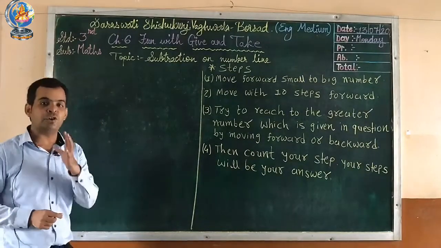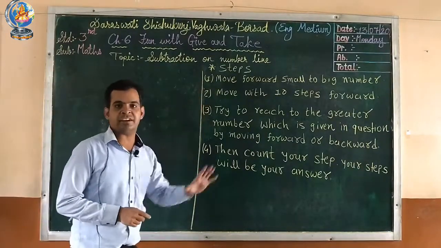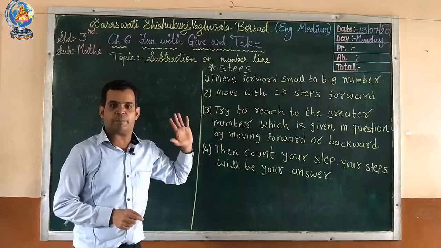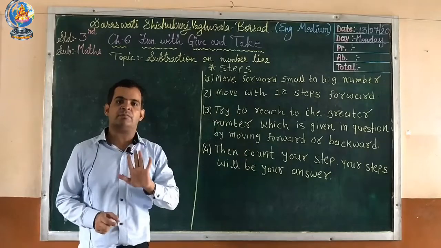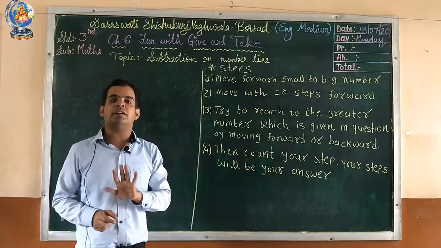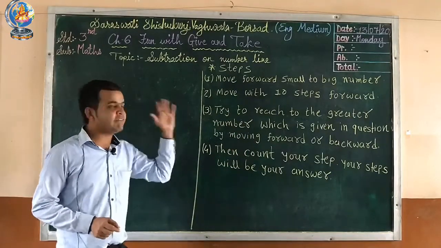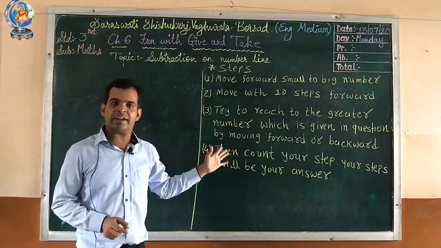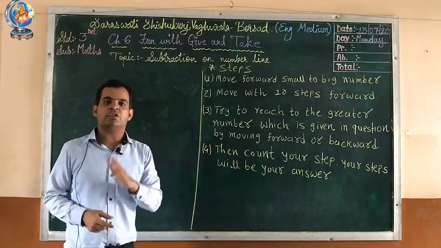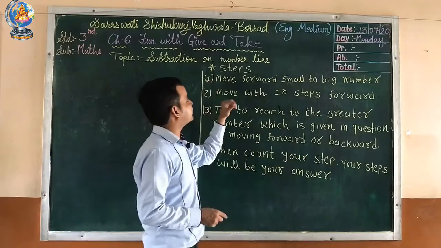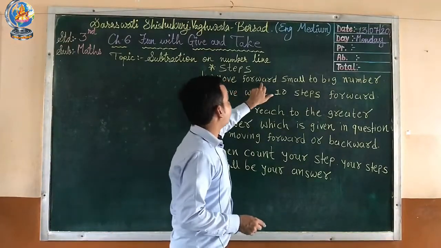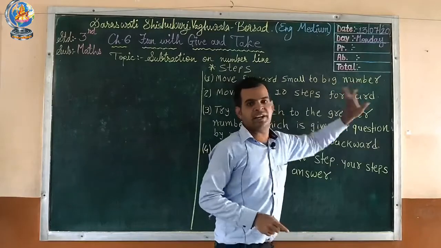Before starting our new topic, I have written some steps regarding this topic, and according to these steps we will solve each sum on subtraction on number line. First of all I will read all these steps, and then we will start solving the sums. The first step is move forward from small to big number.